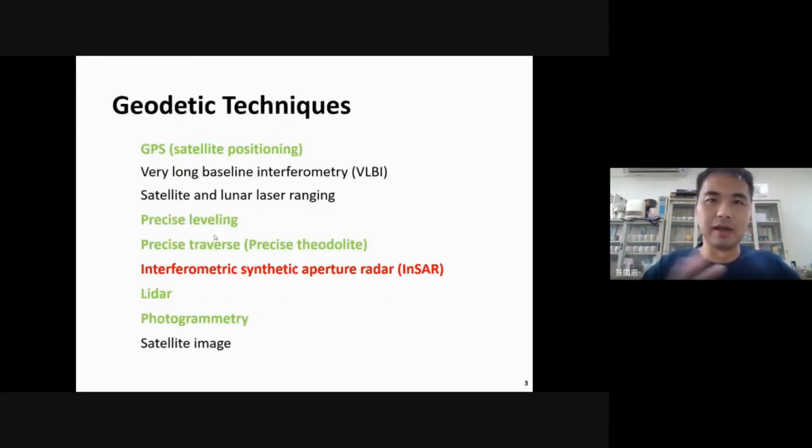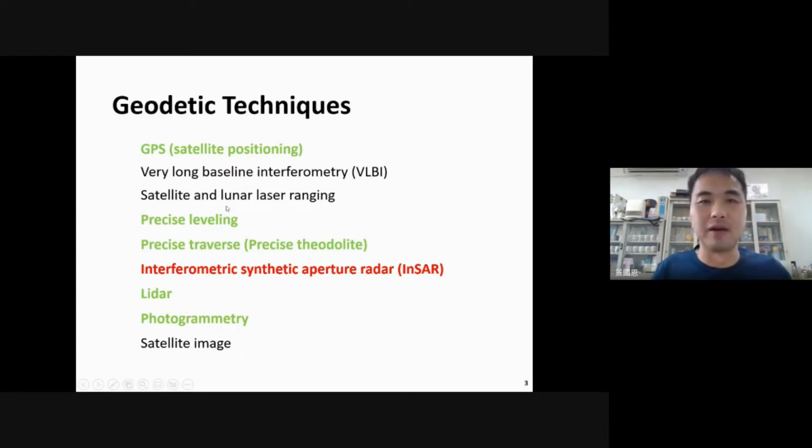Just like we talked about earlier, we have a series of geodetic techniques like GPS. Now many people like to say GNSS, and GPS is one of the techniques of GNSS.